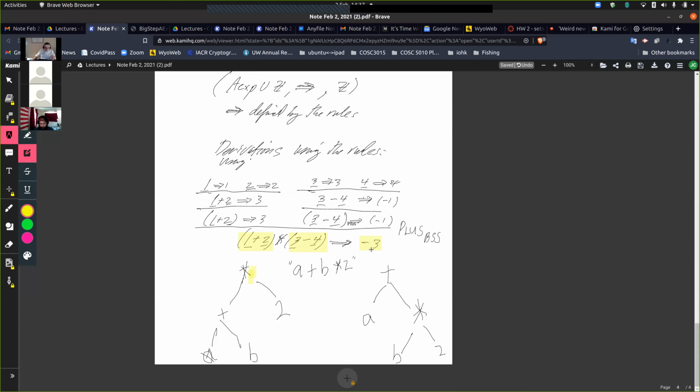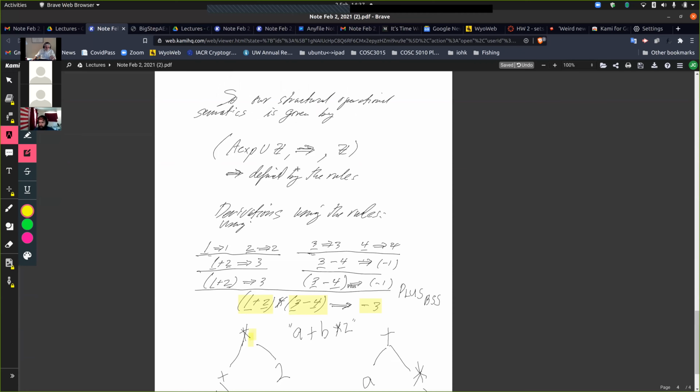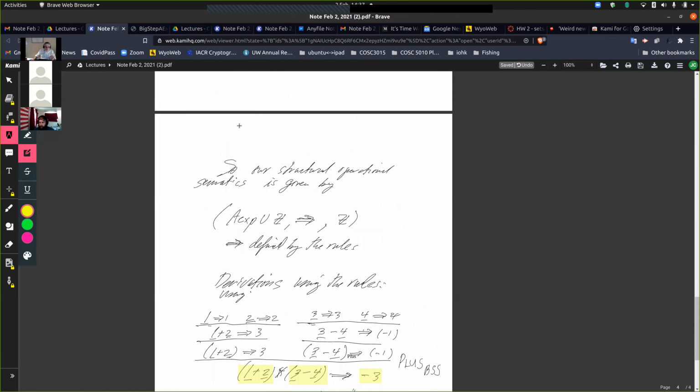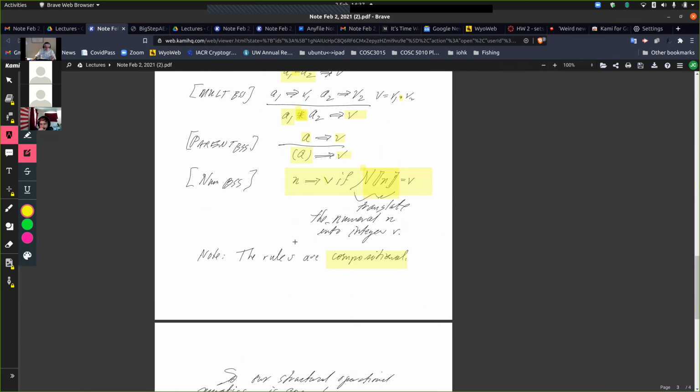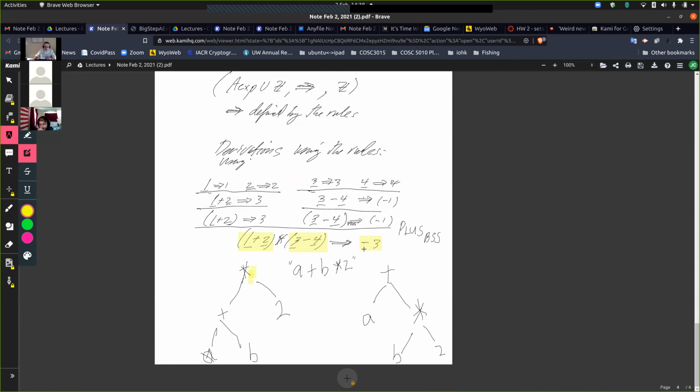And so how do I build this tree? Well, I look at over here and I say, okay, the rule for plus tells me take A1 and go up and figure out what the value of that is, and take A2 and go up and figure out what the value of that is, and then add those two values together to compute V. So when I'm building this tree, I don't know that this is going to be -3.